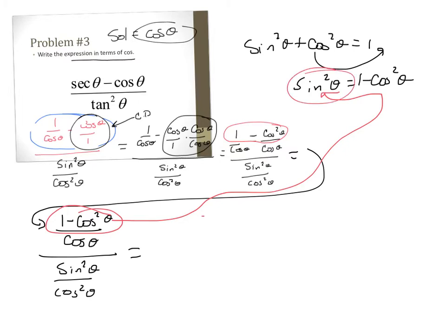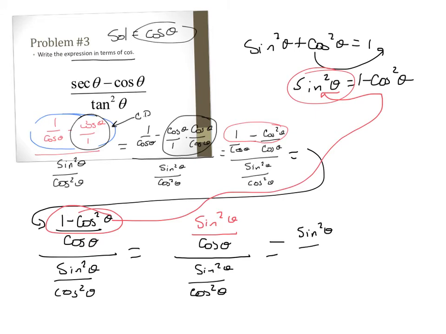That means I got sine squared theta all over cosine of theta, all divided by sine squared theta over cosine squared theta. How do we divide fractions? We multiply by the reciprocal.